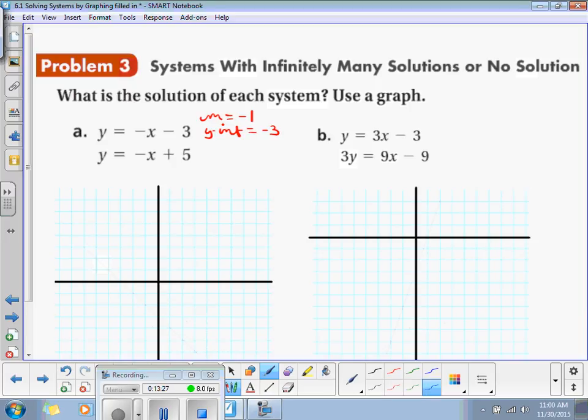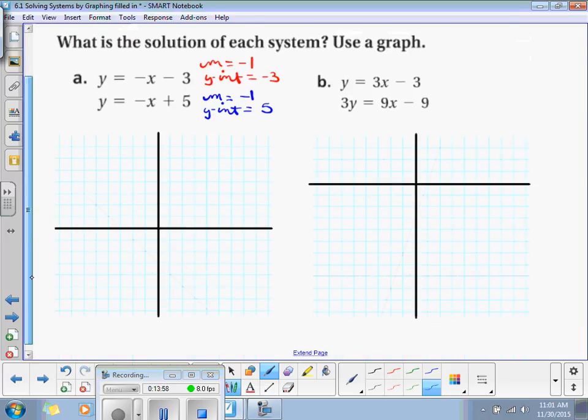For my second one, the slope is -1. The y-intercept is 5. Same slope, different y-intercept. What kind of lines are those? Parallel. So, just going based on this, we're guessing that it is going to have no solution. Very good. So let's graph it.